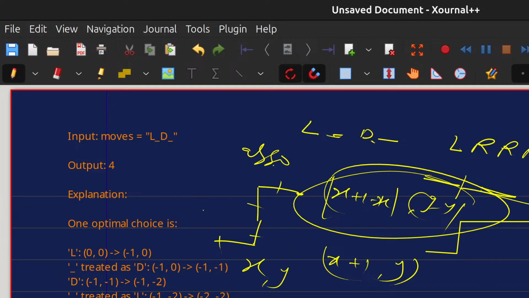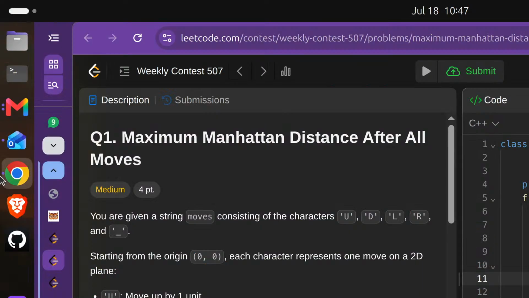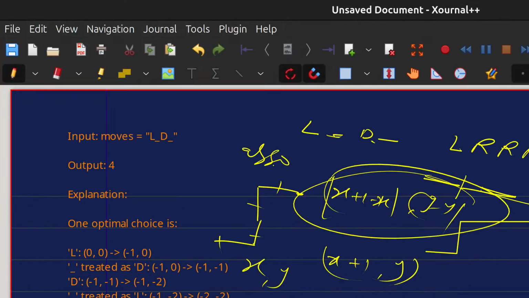Should I go for absolute difference or not? What was the example? Did they go for absolute difference? 0 0 minus 1 treated as okay, so down.